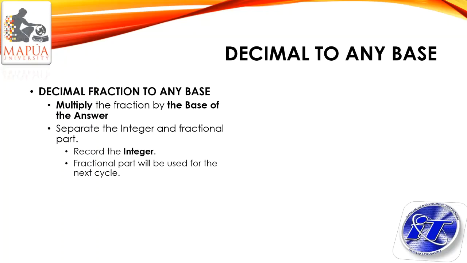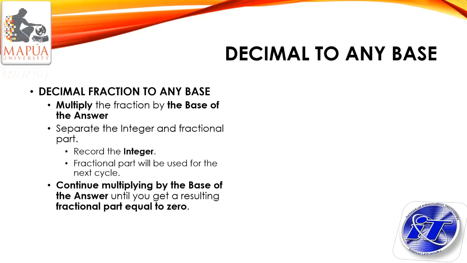This will be a cycle until we get a fraction equivalent to 0. Okay, and then after getting fraction part equivalent to 0, we're going to arrange the integer or the whole number from top to bottom, from first integer to last integer.